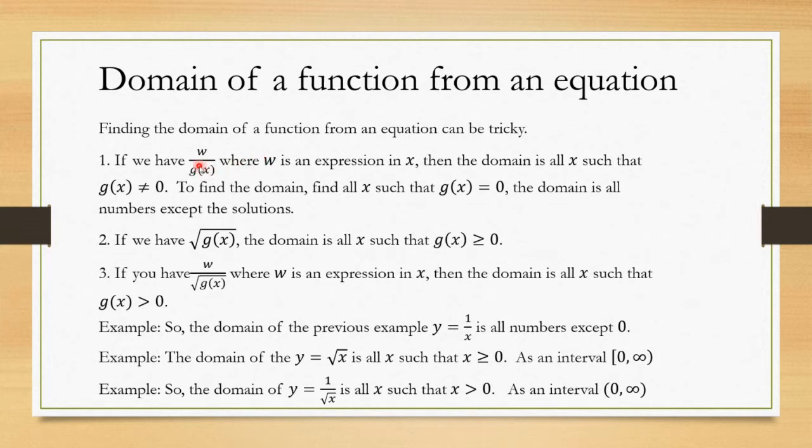But the domain of this is all x such that g of x, the denominator, is non-zero. Again, you never divide by 0. Okay, but how do you actually find that domain? Well, you determine where the denominator is 0, and those are the numbers you're going to throw away. In other words, the domain is going to be everything else.